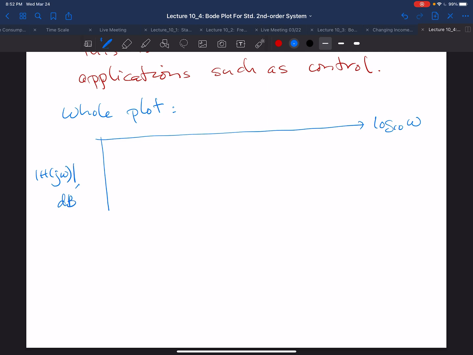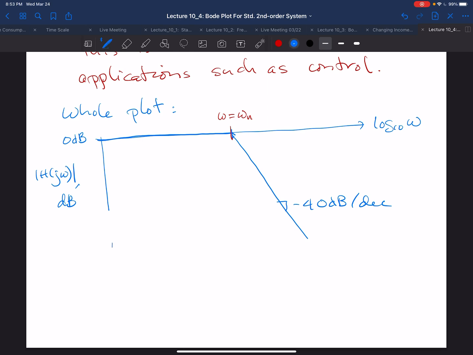Just drawing the piecewise linear approximations, the gain curve has a horizontal asymptote at 0 decibels and a high frequency asymptote with a slope of minus 40 decibels per decade, which intersects the low frequency asymptote when the angular frequency omega becomes equal to the natural frequency omega n.